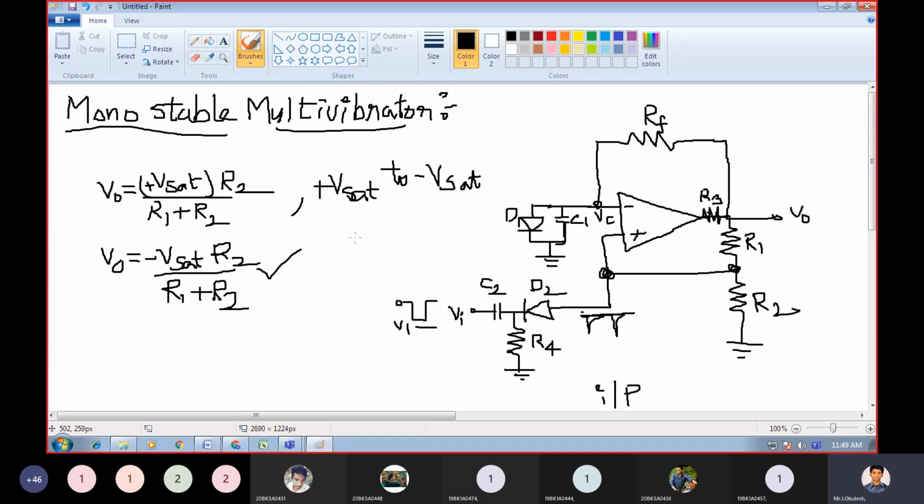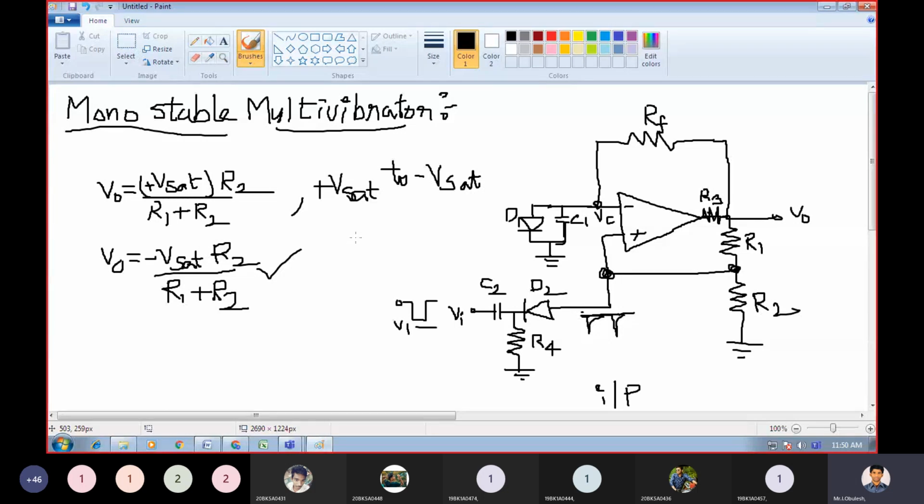It means that once the capacitor charges up to the maximum value, plus V saturation, after that the diode is in reverse bias and the capacitor discharges exponentially to minus V saturation. Once it reaches minus V saturation through the feedback resistor RF, what will happen? You will get V naught equal to minus beta V saturation.